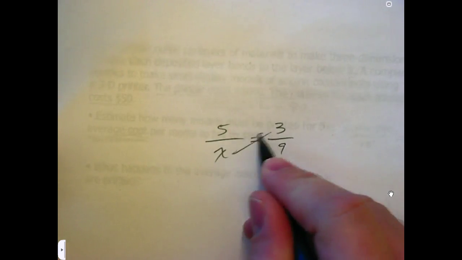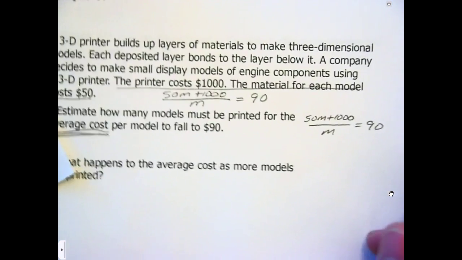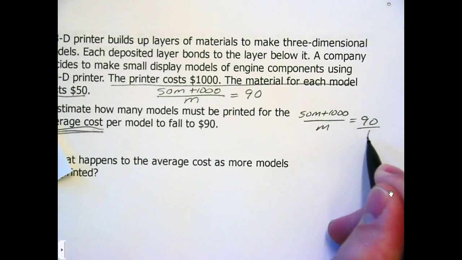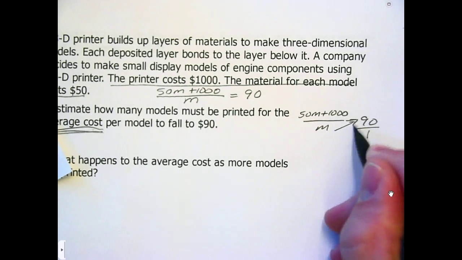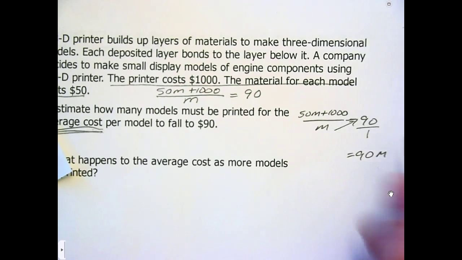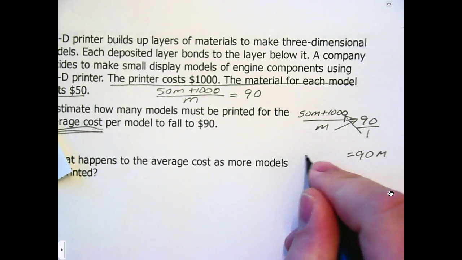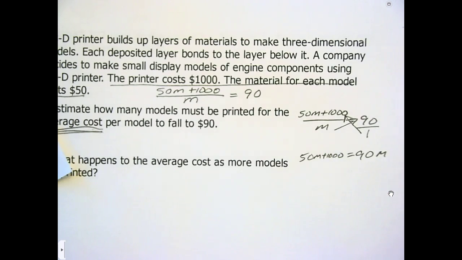That times that, that times that. Well, you're doing the same thing here. It's just this proportion, it's 90 over 1, and it's really weird looking. It's m times 90, and 1 times that, which is that.